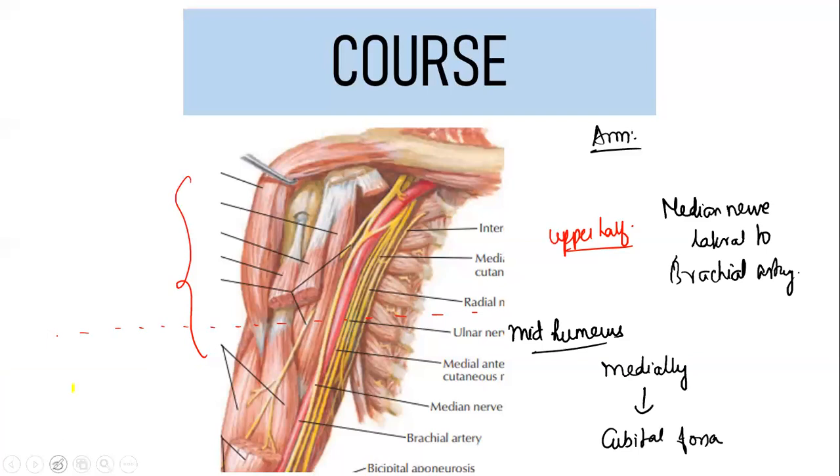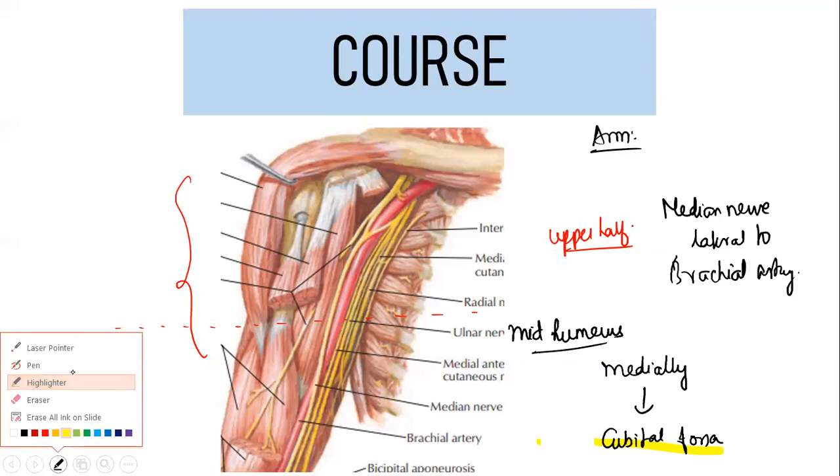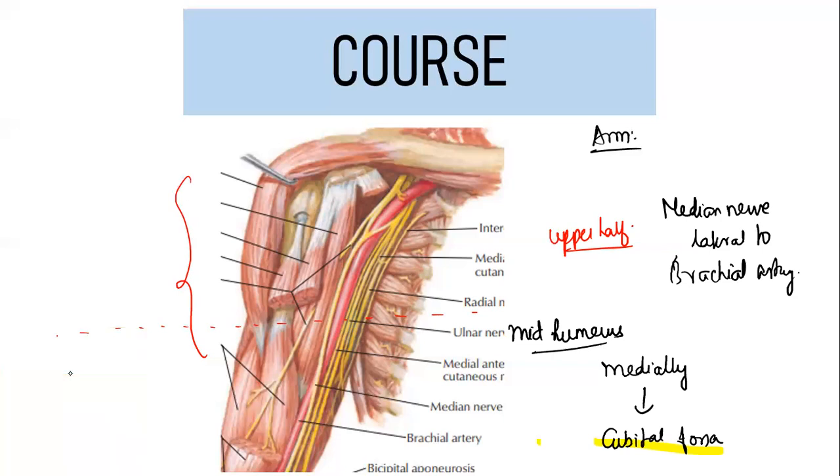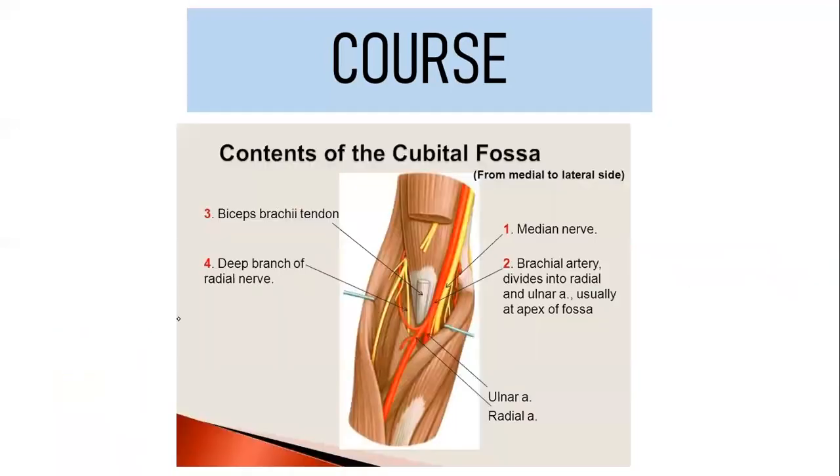Cubital fossa was dealt with as a separate session, where we discussed its boundaries, its contents, its clinical application and everything. Just to take you there, this is the slide I wanted to put in to quickly revise the contents of the cubital fossa. Yes, you know the boundaries. Now what are the contents? It is MBBS. This is the acronym that you must know. If I start from the medial aspect to the lateral aspect, I have got MBBS structures.